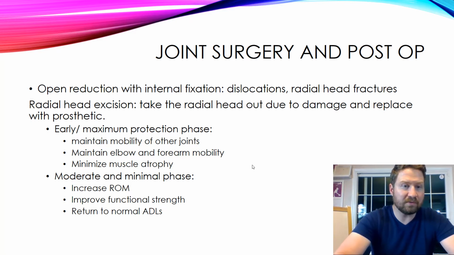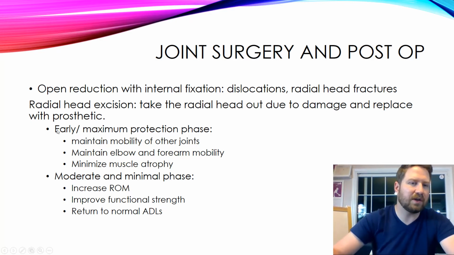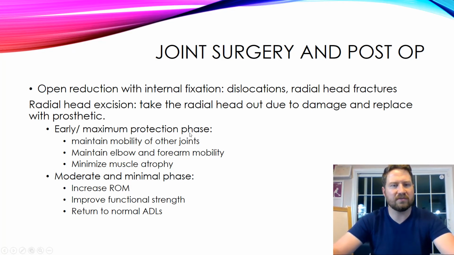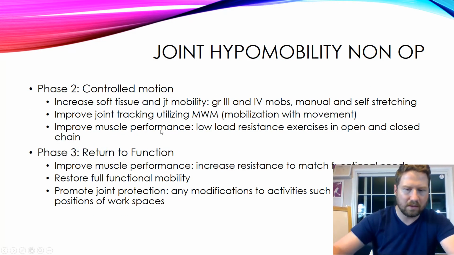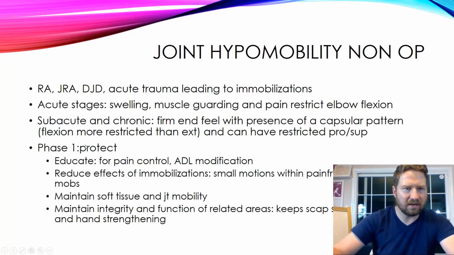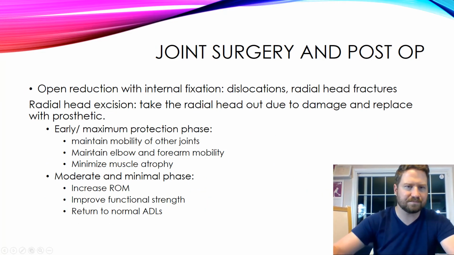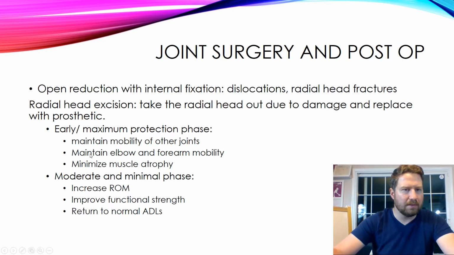Okay, so phase 1, if you wanted to, you could put phase 1 over here, and then phase 2 here. But early phase, maximal protection phase, again, you'll see protection phase. If we go up 2 slides, you're going to see protect phase there as well. Okay, so we're going to maintain mobility, sounds familiar, maintain elbow and forearm mobility, and then minimize muscle atrophy.